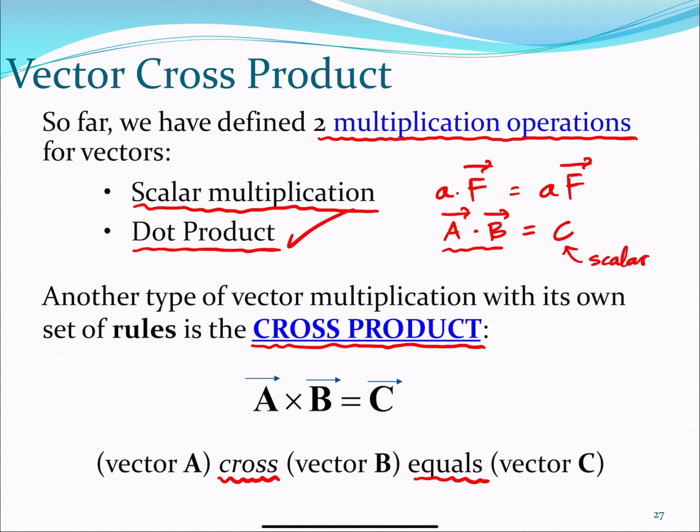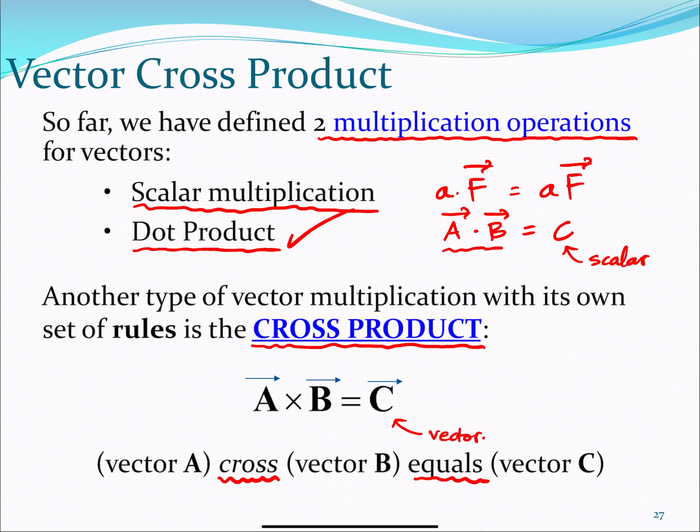The dot product gives us a scalar, whereas the cross product will give us a vector, and we will see in a minute why it gives us a vector. But we read it as vector A cross vector B equals vector C.